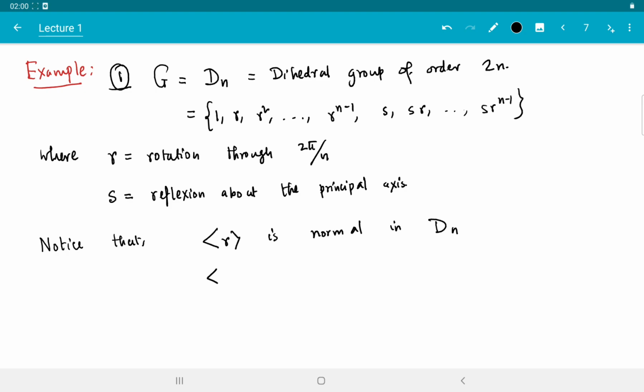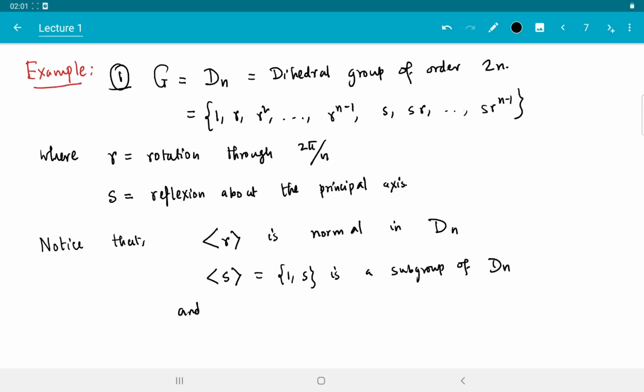Also the subgroup spanned by S, which is nothing but {1, S}, is a subgroup of Dn, right?